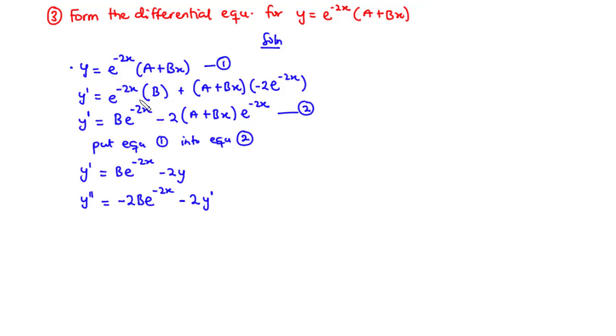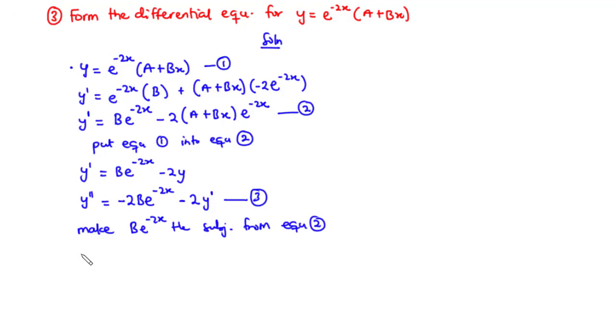Now at this point, you realize that we have b times e to the power negative 2x. Now let's look at equation 2. You realize that we have b times e to the power negative 2x. So even before that, we have this to be equation 3. So we make b e to the power negative 2x the subject from equation 2.